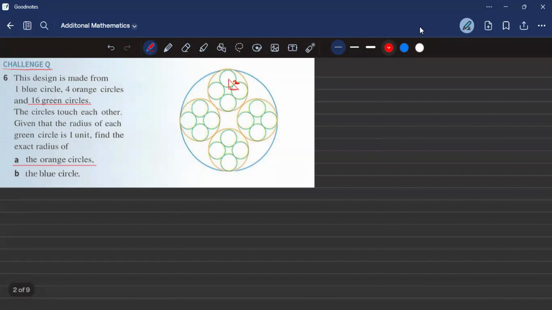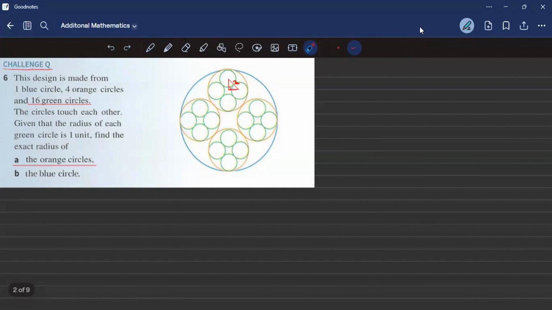Then there's a specific part in this question which is in the middle of this orange circle. So this part and this part are equal. This part from here to here is equal to this part from here to here. It's a really minor distance, but there is a distance.